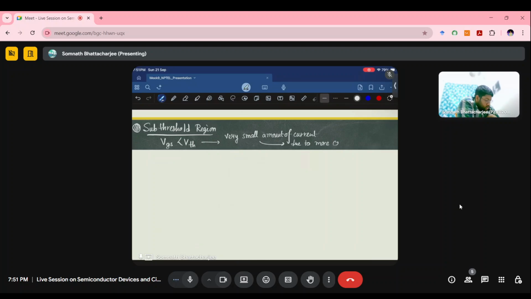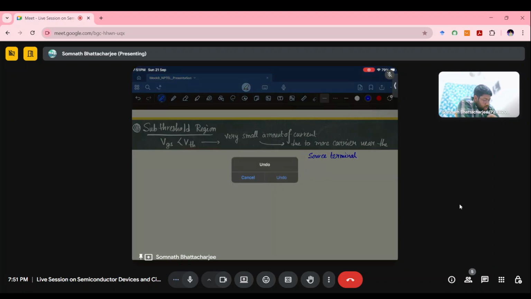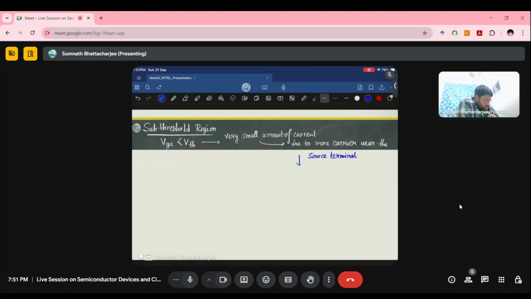more carriers near the source terminal. So there will be a certain accumulation of carriers near the source terminal, which is directly due to the carrier diffusion.